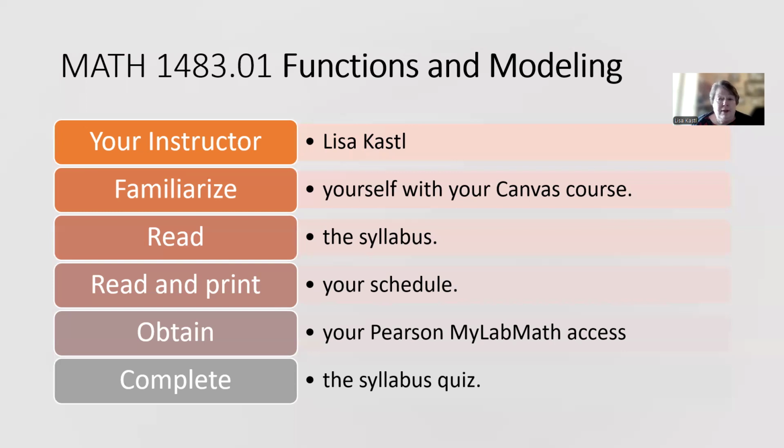You will eventually need to purchase access either through Barnes and Noble, the bookstore, or you will need to purchase your access using a credit or a debit card. But you need to get your access as soon as possible because that is the application we use for all homework, quizzes, and exams.